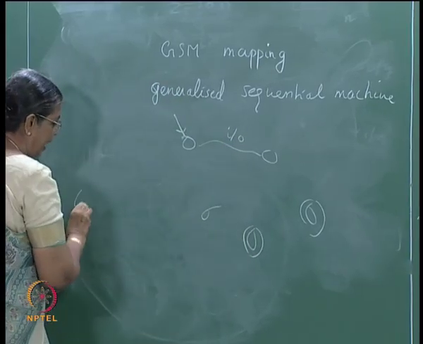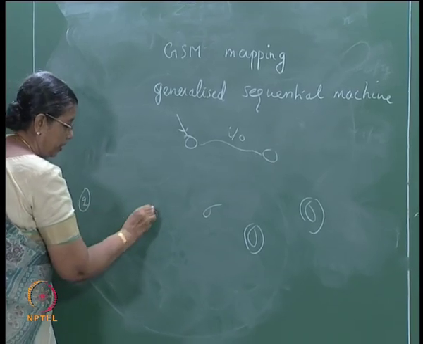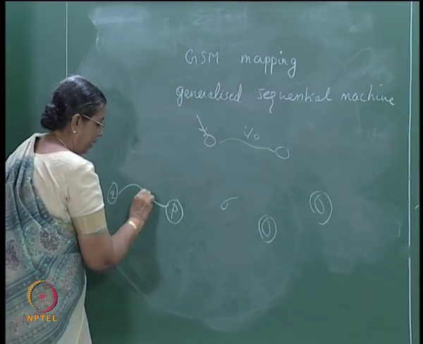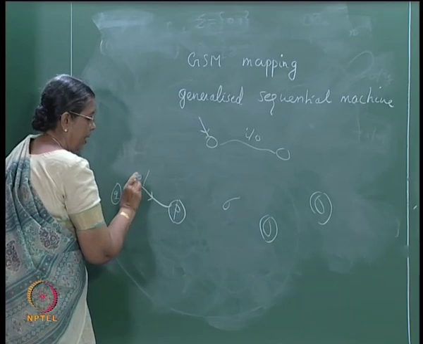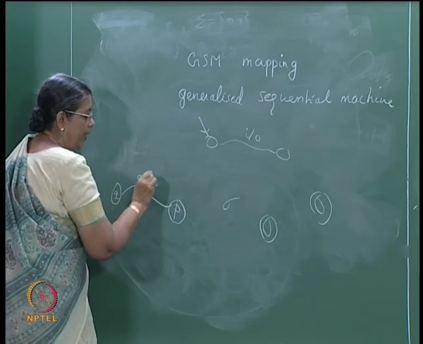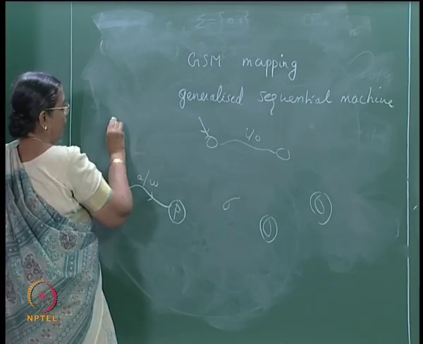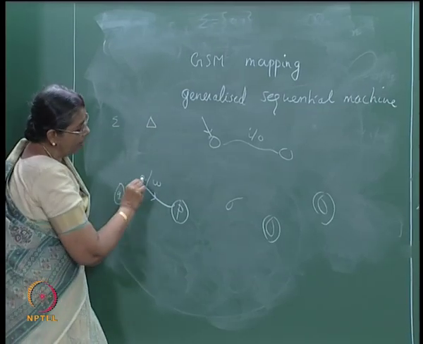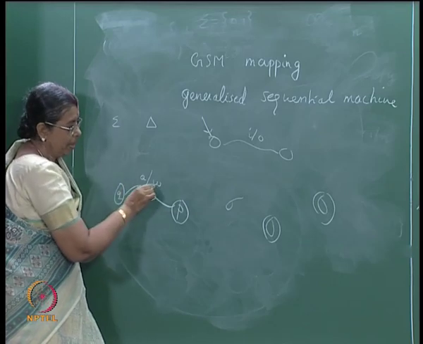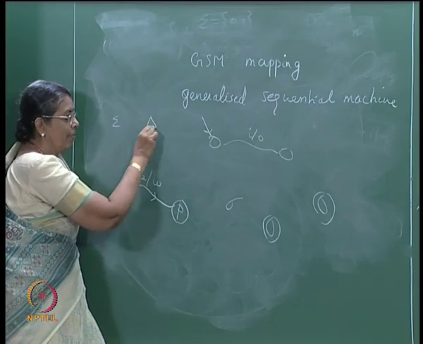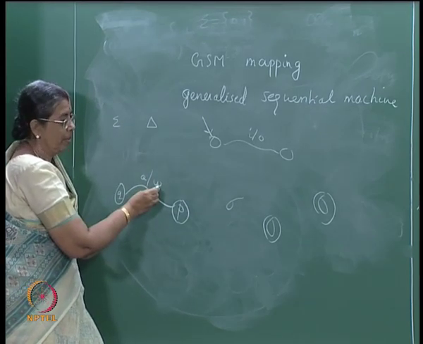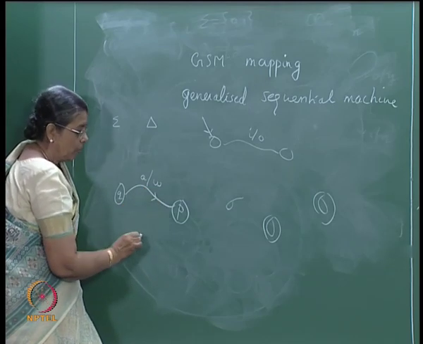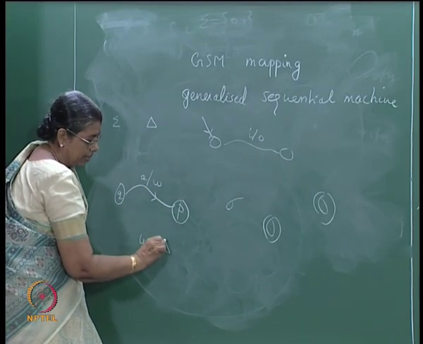So, from this state Q you go to the state by reading a symbol, say a, the output will be a string. You have an input alphabet sigma and an output alphabet delta. a will be a symbol from sigma, w will be a string from delta, it can be epsilon also, it can be the empty string also. So, w belongs to delta star.